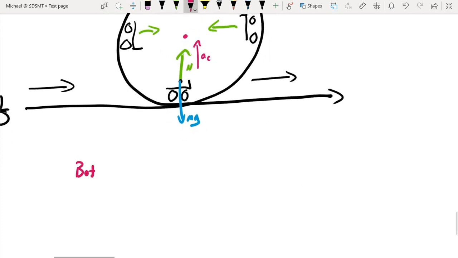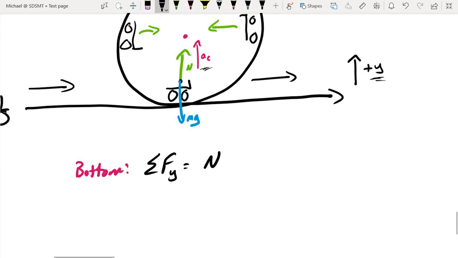So at the bottom of the track, let's just do a quick sum of forces. I am going to choose up to be the positive direction, mainly because that's the direction that I see the centripetal acceleration pointing in. If I do a sum of forces, I see the normal force is pointing up, the weight is pointing down, and those two forces together have to be responsible for whatever centripetal acceleration the bike and the rider are experiencing.